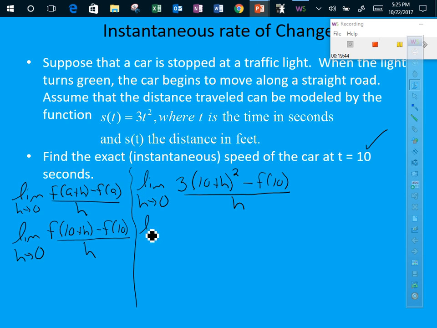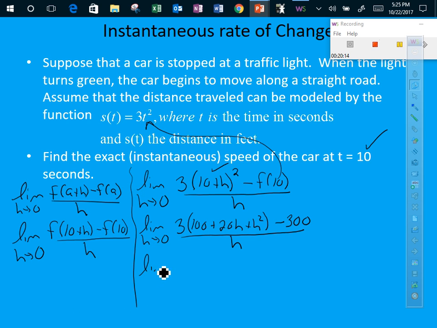So guys, I won't skip any steps on this video. I've got the limit as h approaches 0. I've got 3. I'm going to FOIL out 10 plus h, and I'm going to get 100 plus 20h plus h squared minus, I'm going to go ahead and plug in 10 into our function. 10 squared is 100 times 3 is 300 all over h.